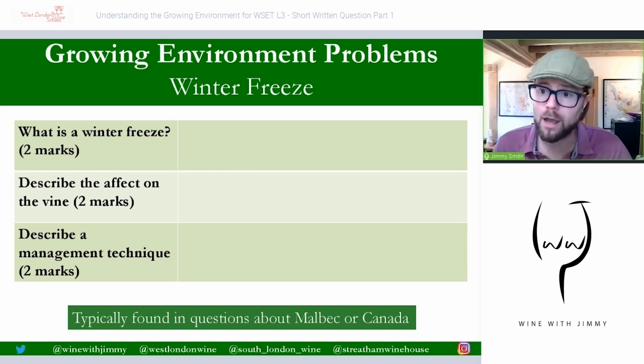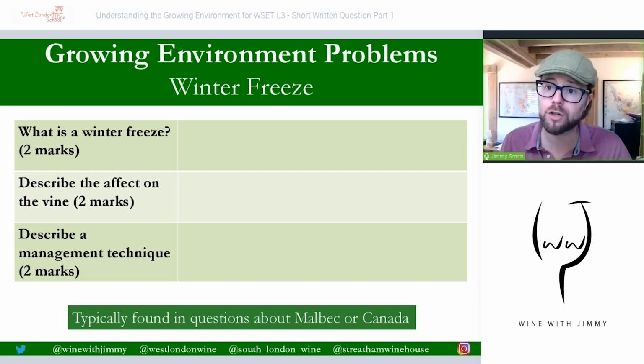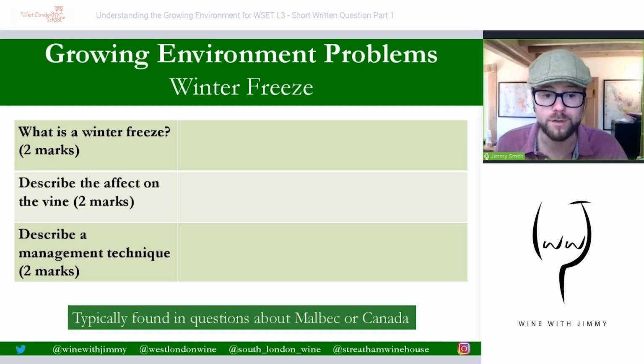So at the bottom here, I have actually included on each slide where you're likely to find these questions, because it is unlikely that you will be given a full 25-mark question on viticulture. They are found within other questions. So perhaps a question about Napa Valley or Chile or France or Burgundy or whatever it may be. So they are found as viticultural parts of regional country questions or grape variety questions as well.